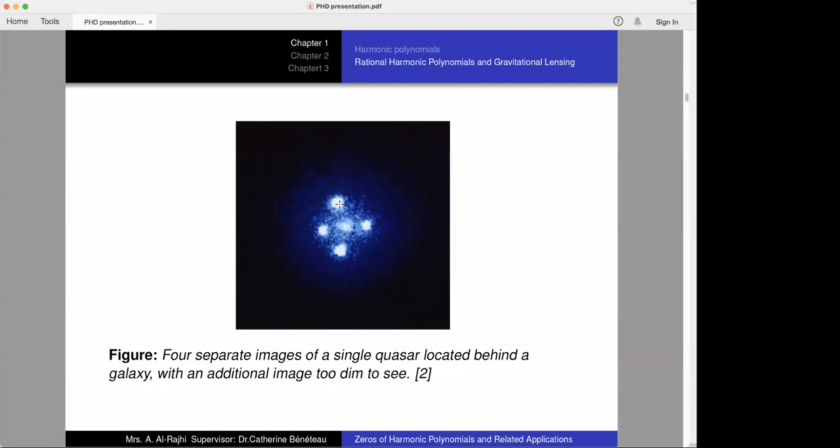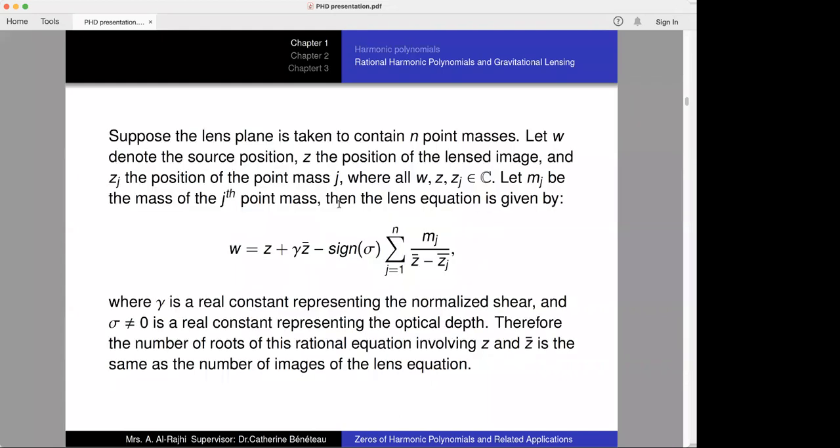Regarding having z inside the domain or outside the domain, if z is inside the domain, we will have a dim image. If it's outside the domain, it will be a bright image. As you see in this equation, that's the formula of the lens equation, where w denotes the source position, z is the position of the lensed image, and z_j is the position of the point masses, all of them in the complex plane.